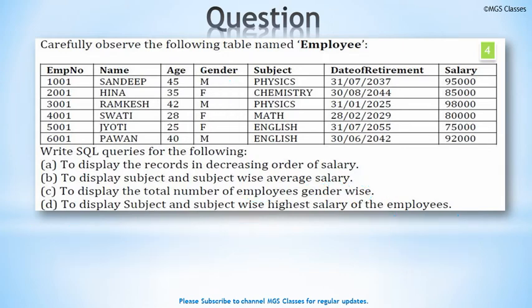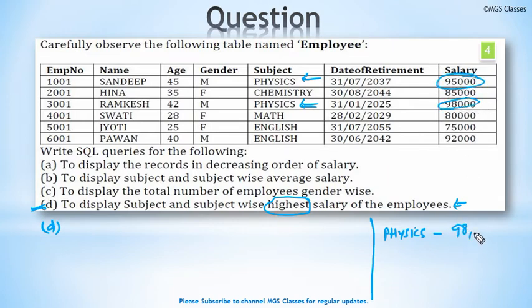Now we will discuss the next query that is asked as D. Display the subject and subject wise highest salary of employees. So what does he want exactly? He wants the subject wise highest salary. For the physics subject, what is the highest salary? Two employees have the physics subject. Which one has the highest salary? 98,000.